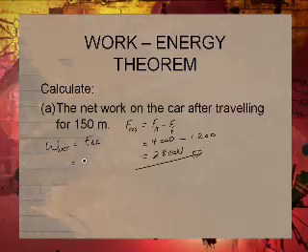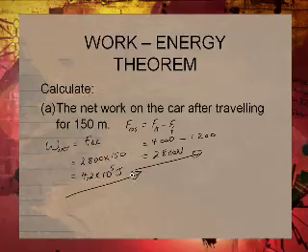So this would be equal to 2,800 times 150, and the answer is 4.2 by 10 to the power 5 joules of energy. So that will be the net work done here.